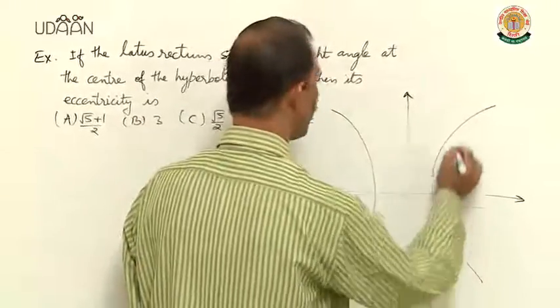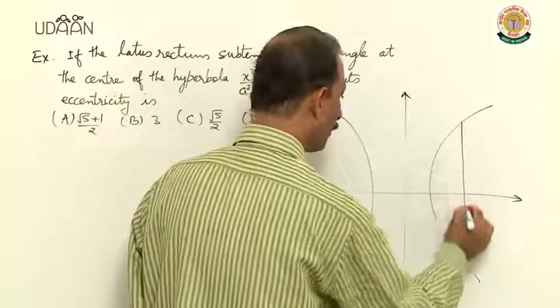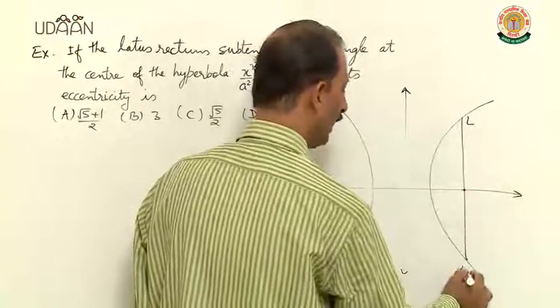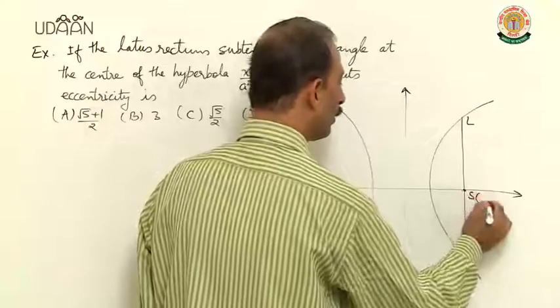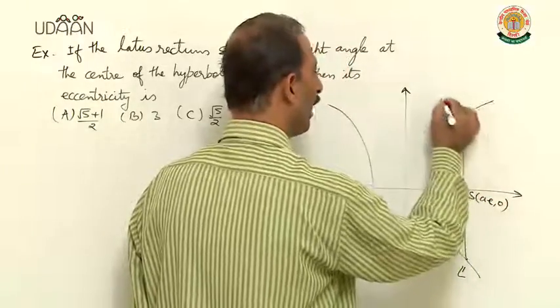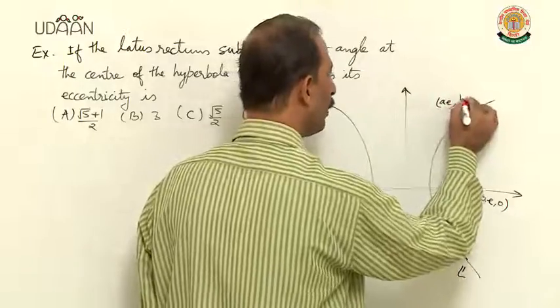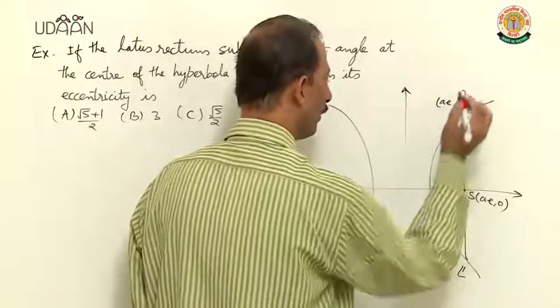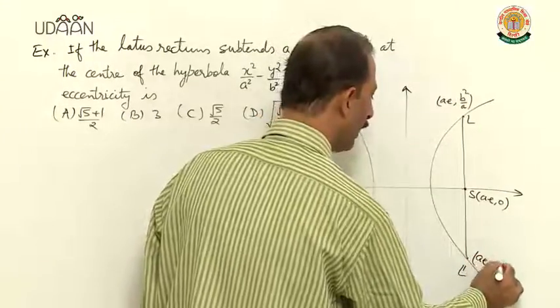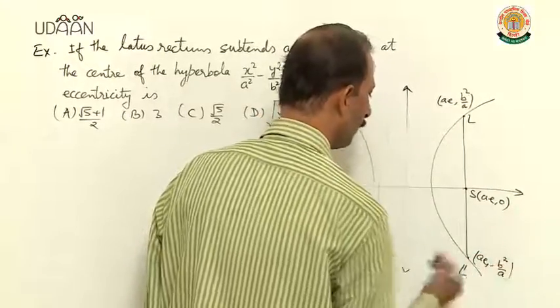So the latus rectum always passes through the focus. This is the latus rectum, say LL dash. This is the focus whose coordinates are (ae, 0). So the coordinate of L is (ae, b square upon a), and the coordinate of L dash is (ae, minus b square upon a).